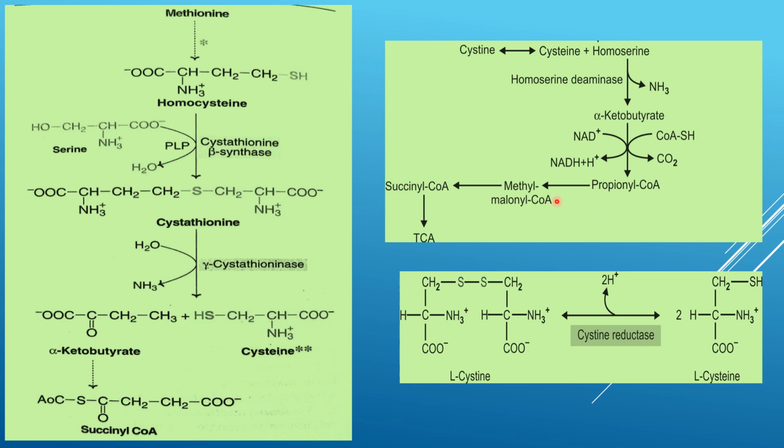This is how propionyl coenzyme A is converted into the biologically useful product, succinyl coenzyme A. So in this reaction, once cysteine is formed, cysteine can be dimerized to L-cystine. You can see it here. It is dimerized by a disulfide bond, and the enzyme is cysteine reductase, with the loss of two hydrogens.